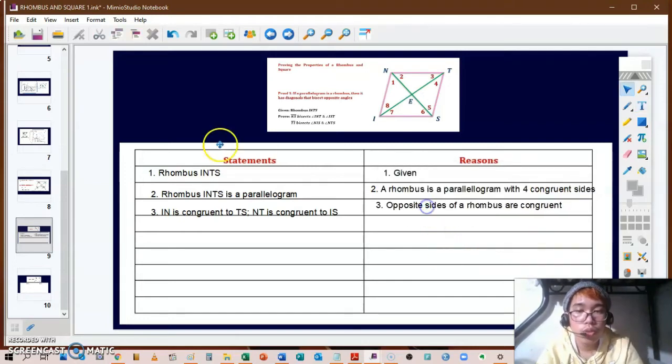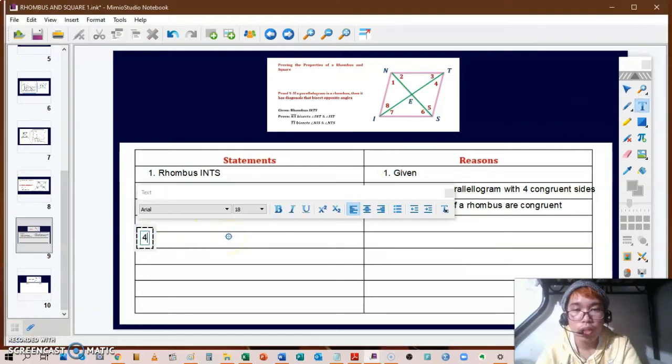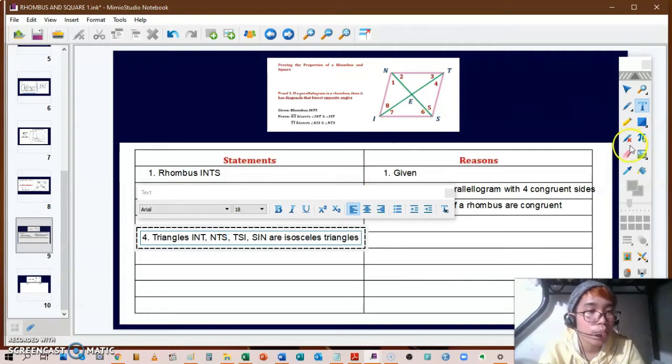And we can also state on number 4 that triangles INT, NTS, TSI, and SIN are isosceles triangles. So those are 4 isosceles triangles. How did that happen?